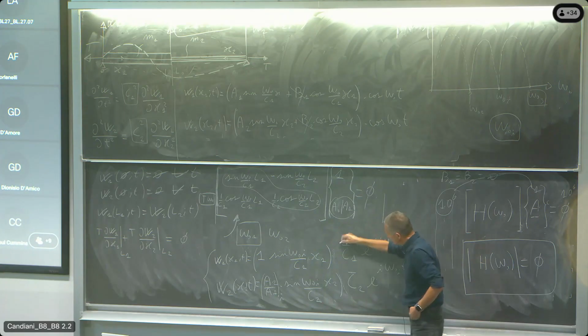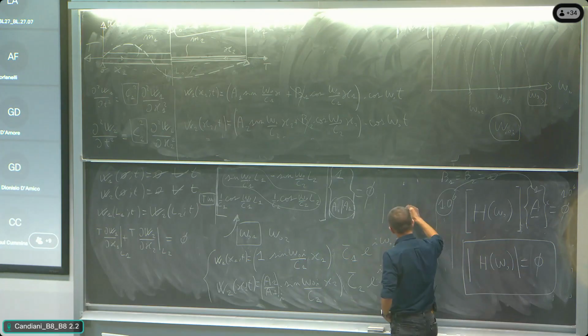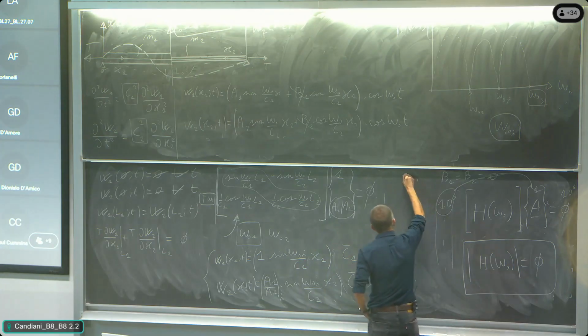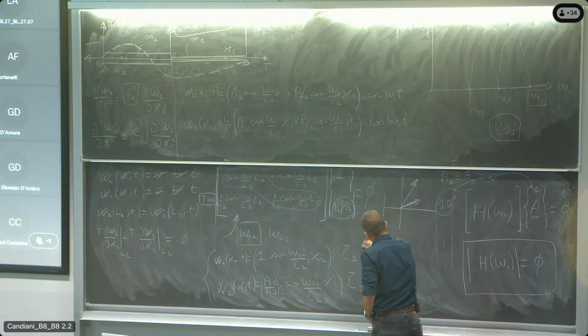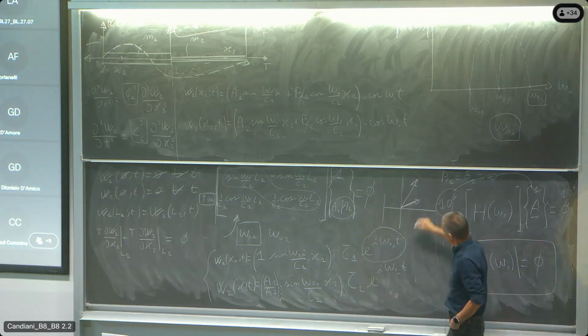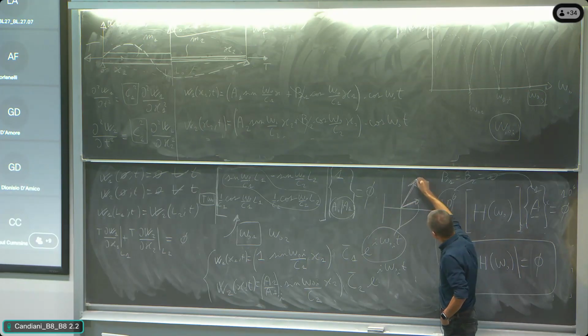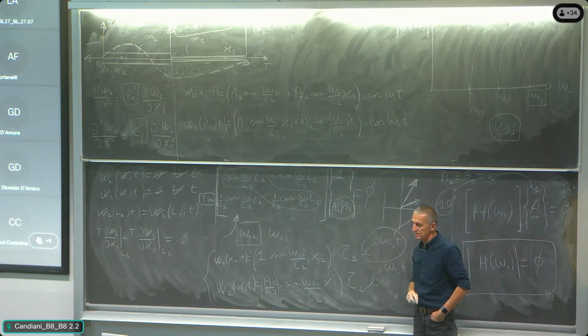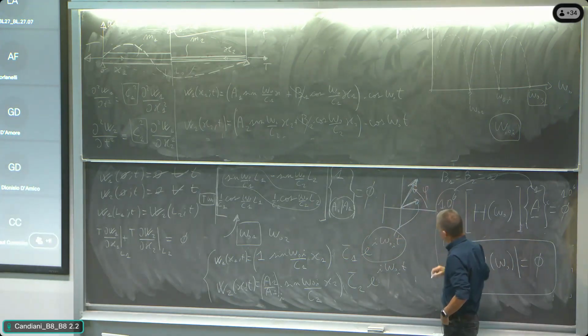So if this is a complex number, and this is the rotating vector e to the power i omega 0i t, right? This is the rotating vector. This is the complex number C1 having the phase phi, and this is finished.